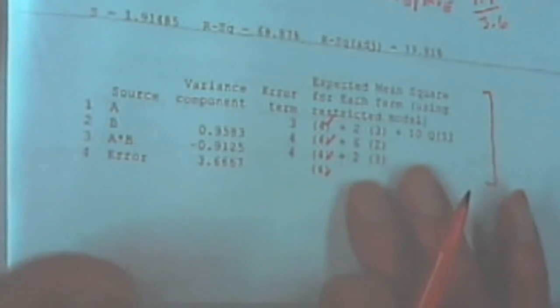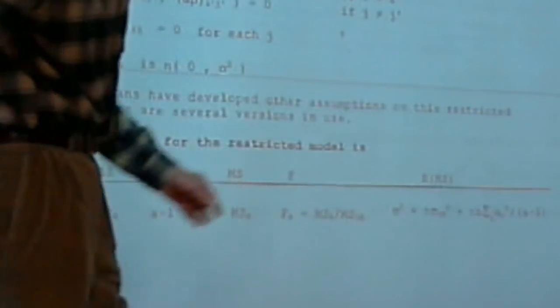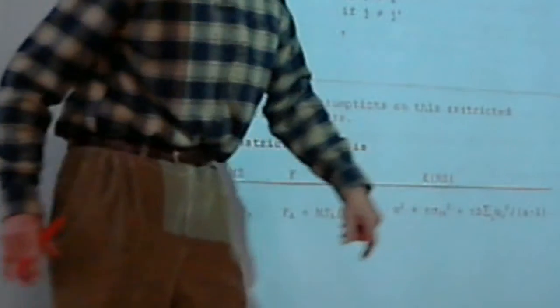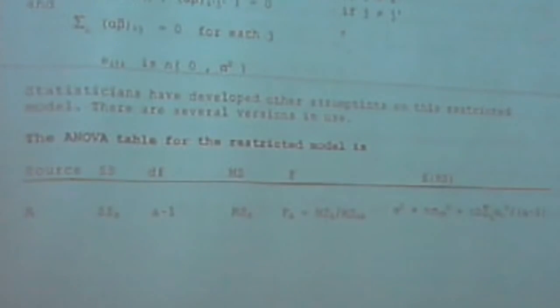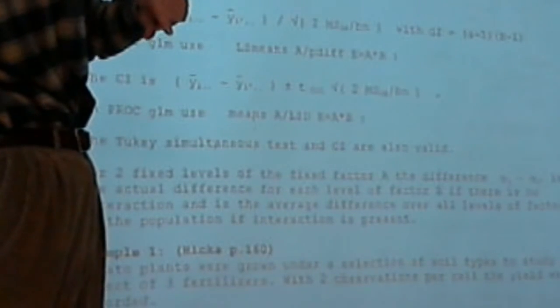And what's going on there is that the program is reminding us that for A, there's 3 terms. But then if you flip the page over to page 7, for B, there's 2 terms. For AB, there's 2 terms. And so that's showing up in the Minitab expected mean squares as well.